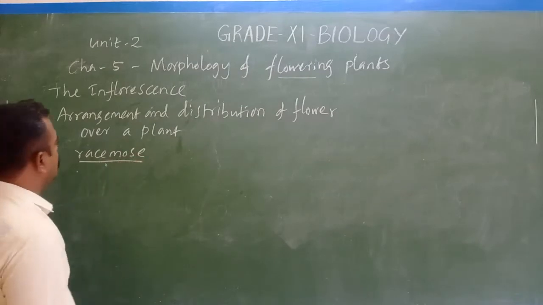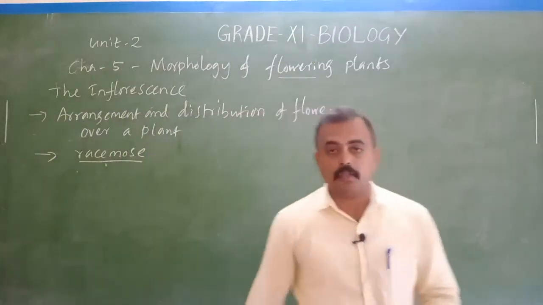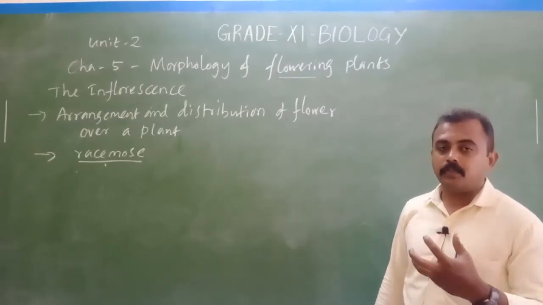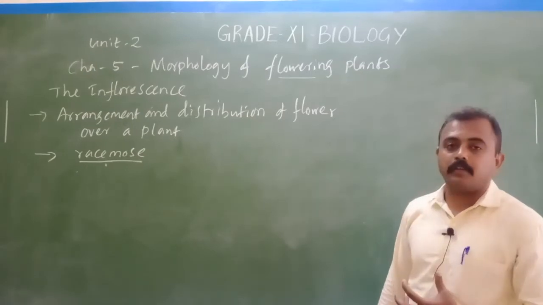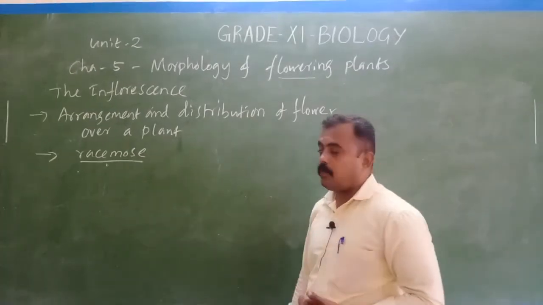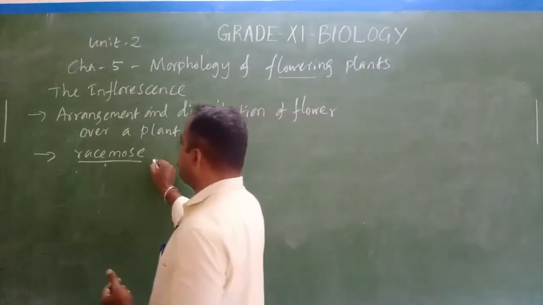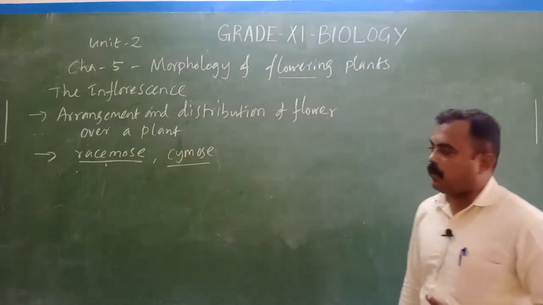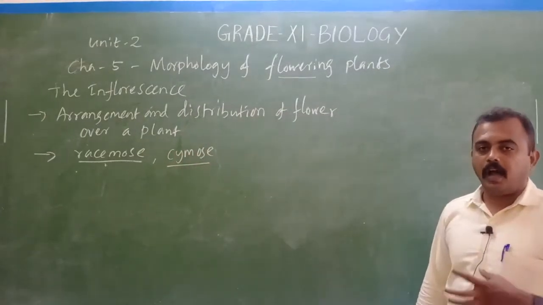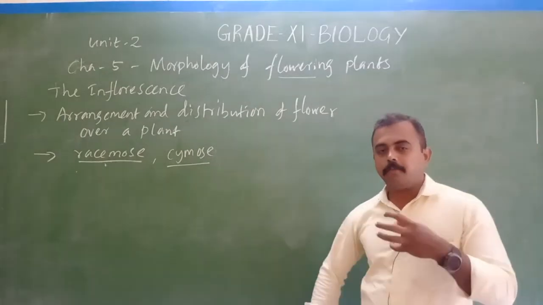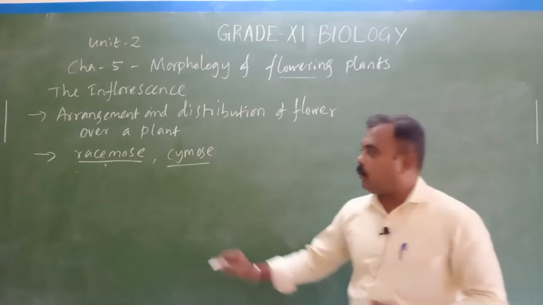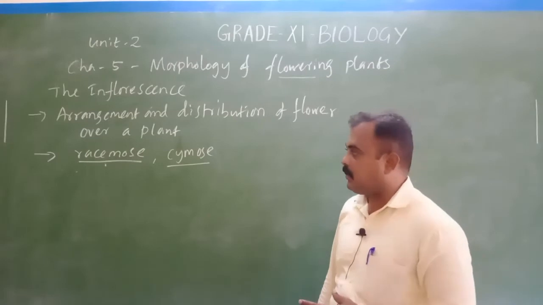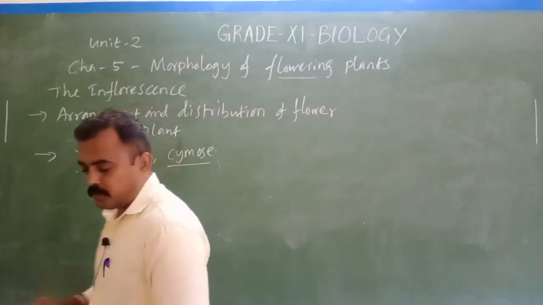Based on the distribution and arrangement of flowers, the inflorescence is divided into two types: racemose inflorescence and cymose inflorescence. First we will talk about the racemose.